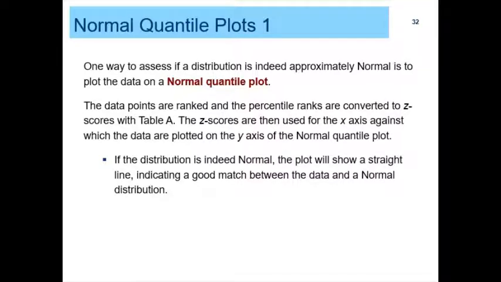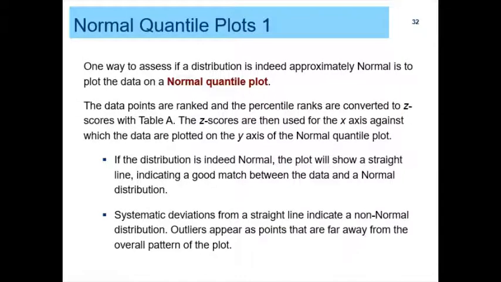If the distribution is indeed normal, the plot will show a straight line, and this indicates a good match between the data and a normal distribution. Systematic deviation from a straight line indicates a non-normal distribution, and outliers appear as points that are far away from the overall pattern of the plot.